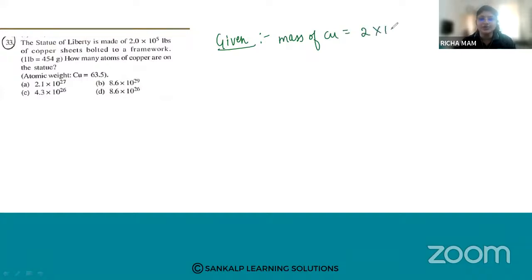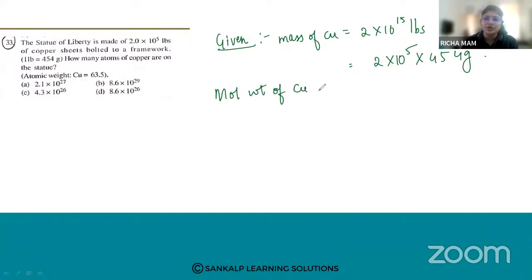Mass of copper is 2 into 10 raised to 5 lbs. Each 1 lb is 454 grams, so I will multiply it here only. So 2 into 10 raised to 5 into 454 grams. Next, we have to find the molecular weight of copper. The atomic weight of copper is given, it is 63.5 gram per mole.